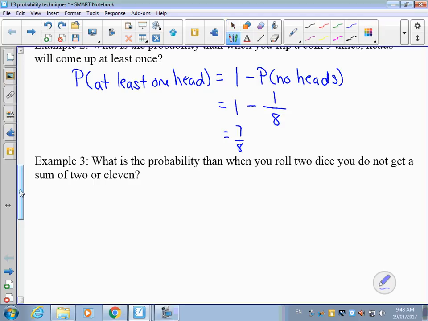All right, what is the probability when you roll 2 dice you do not get a sum of 2 or 11? So I do not want 2 or 11. Well, if I think of my dice, I made that little table the other day. 1, 2, 3, 4, 5, 6 for one of them, and 1, 2, 3, 4, 5, 6 for the other.